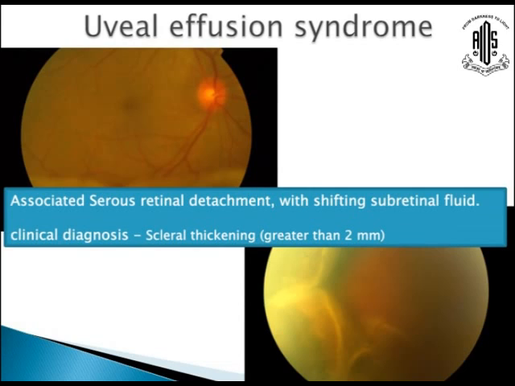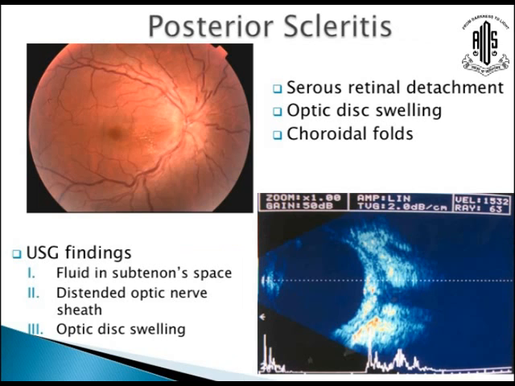Another with serous retinal detachment, which could mimic a teardrop CSR, is uveal effusion syndrome, wherein scleral thickening greater than 2 millimeters is characteristic of uveal effusion syndrome, not of CSCR. But we have had very few patients with chronic CSCR with a similar appearing picture.